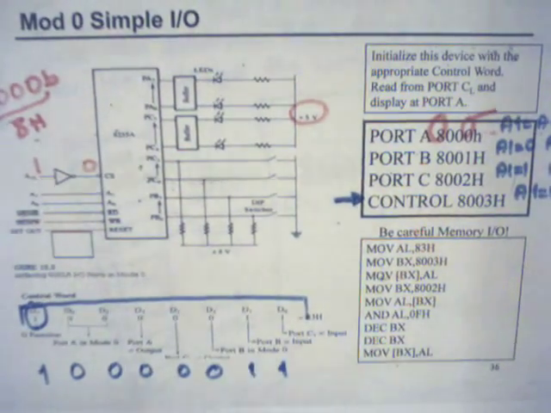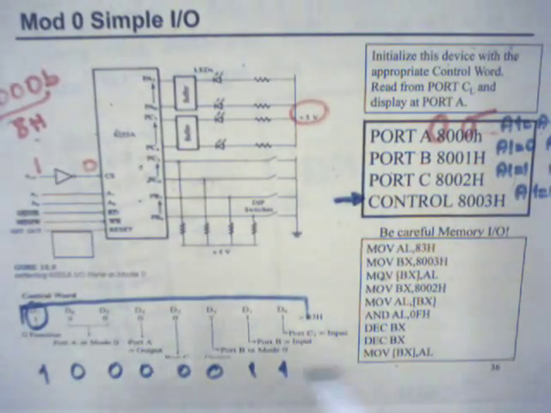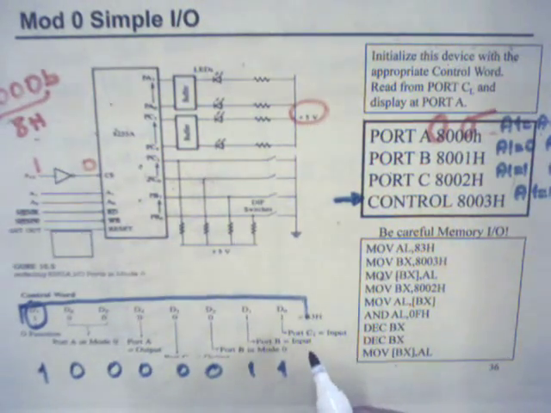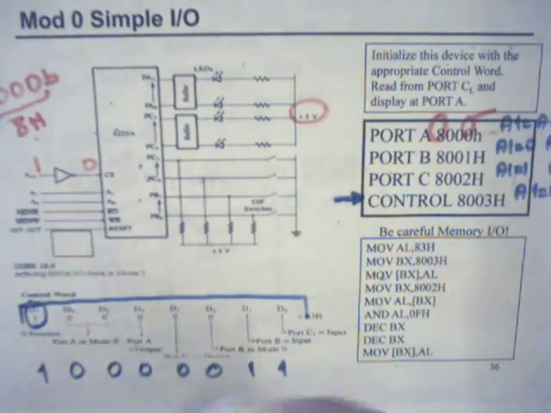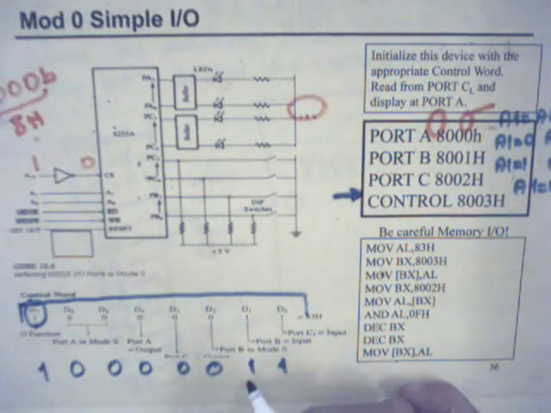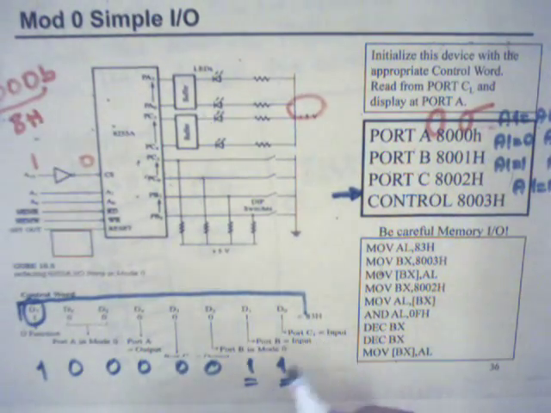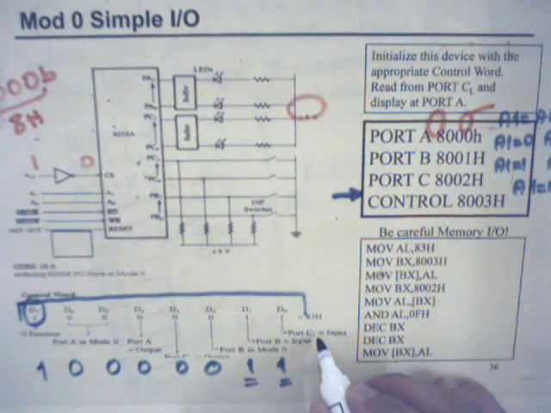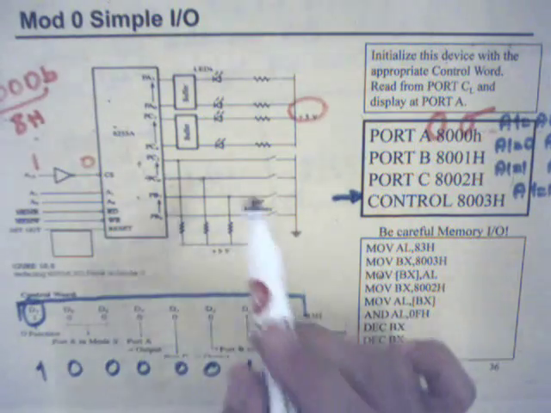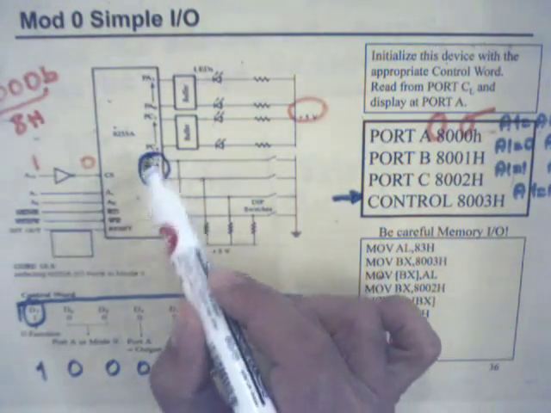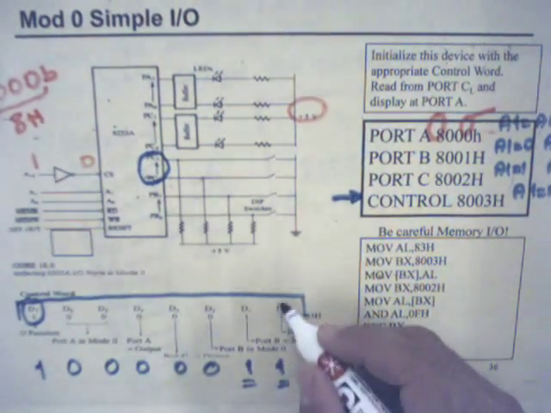Okay, let's try to decode this information. D0 and D1, 1, 1 means port CL is input, the lower nibble is input. Okay, so this input is decoded in here.